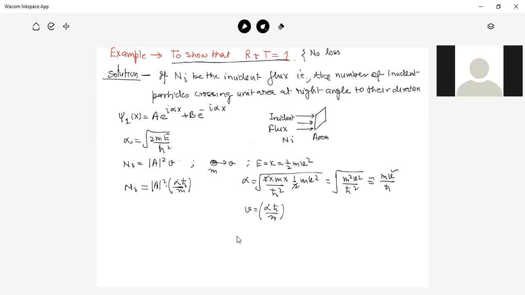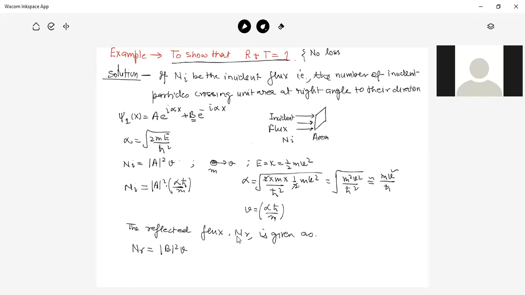The second is the reflected flux NR, which is given as B square v. B square v means this coefficient.